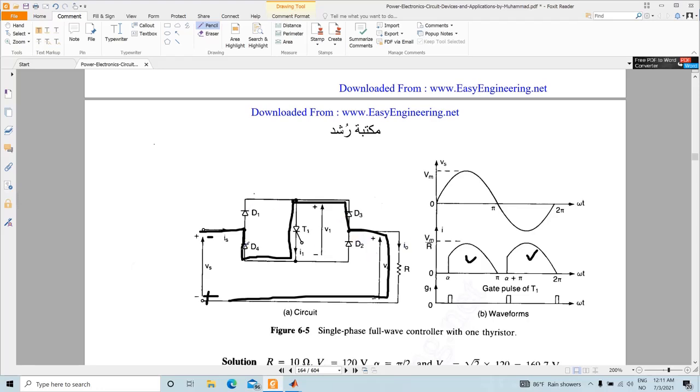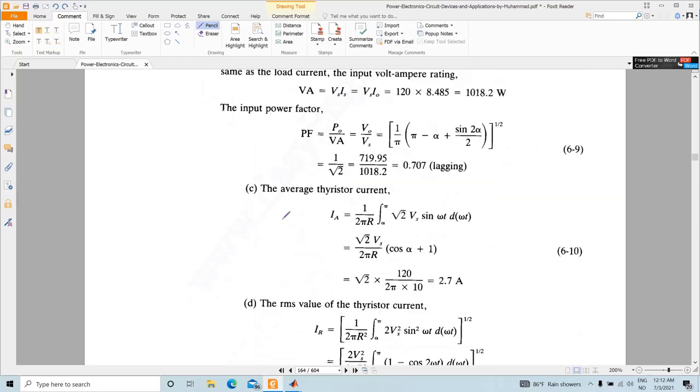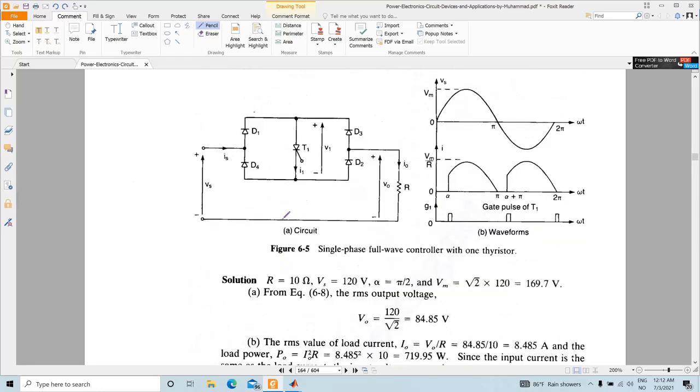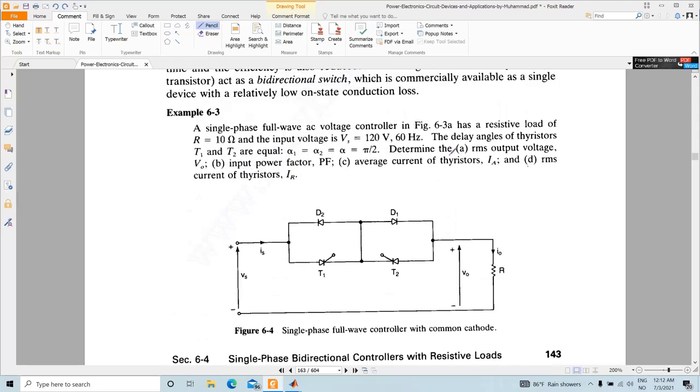You need 4 diodes and 1 thyristor, and this arrangement will also increase the losses, as in each half cycle the current will flow through 2 of these diodes and 1 thyristor, resulting in higher losses, but at the expense that you can design the circuit with only 1 thyristor. Exactly the same numerical problem is also here, so you can go through these numerical problems, and if you still have problems you can discuss them in the discussion classes.